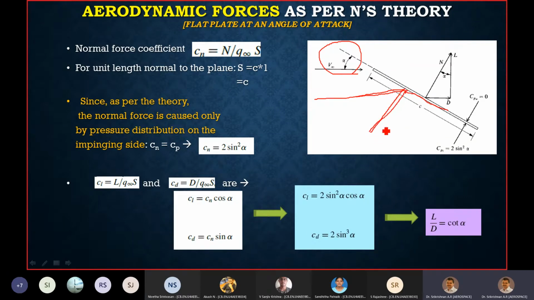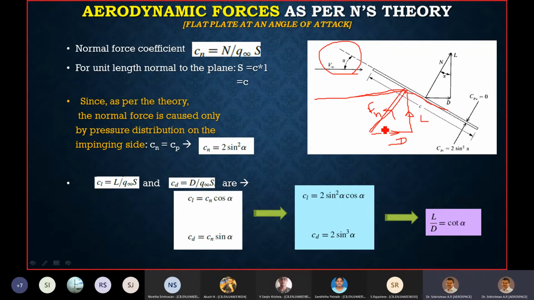You have the normal component of force, and by the usual notation in aerodynamics, we consider the vertical component as L and the component parallel to the flow as D. So lift and drag. The normal component, I'll just call it Fn.